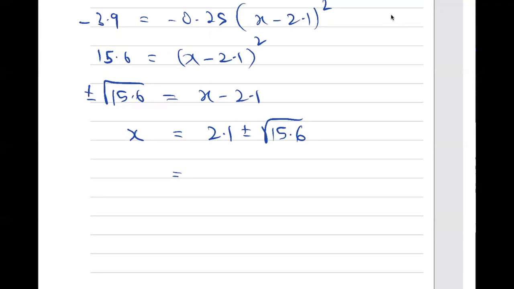Oh, wrong thing. You can see I'm struggling here a bit. We'll try again. 15.6 square root using my funny calculator. Got that, 3.9 whatever. And then add the 2.1. I just needed to do it in a different way to what I'm used to. So here we get an answer, which is 8.4196 something.